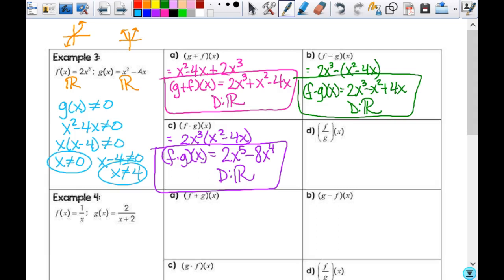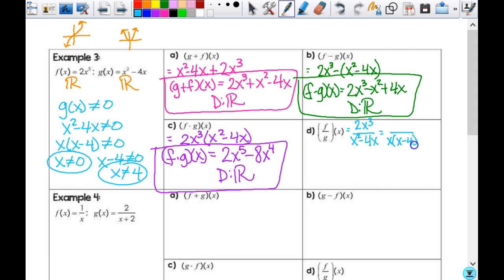So now I know what to do with my domain. I go over here. I substitute this in f, which is 2x cubed, over g, which is x squared minus 4x. Now I can simplify this. What do I need to do to the denominator to be able to simplify? I need to factor it out, right?